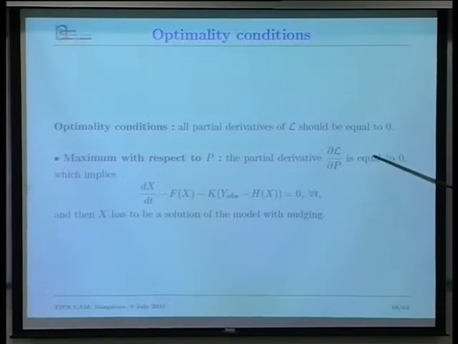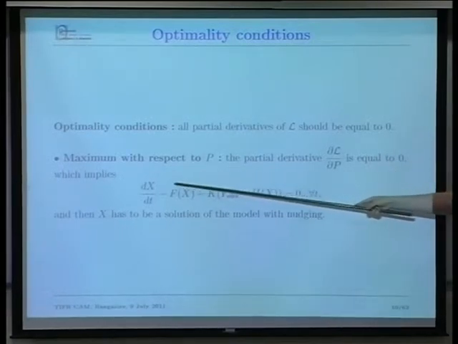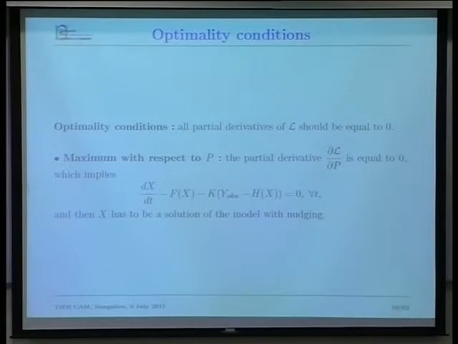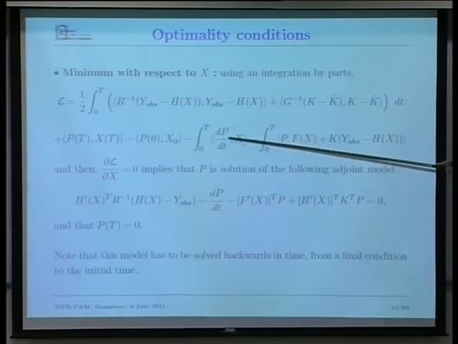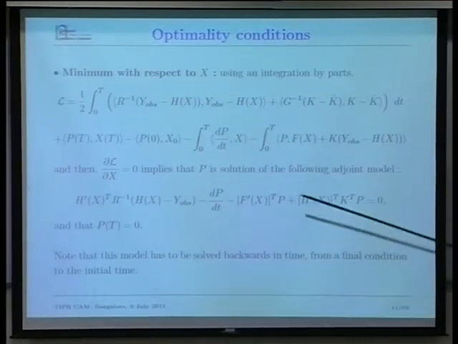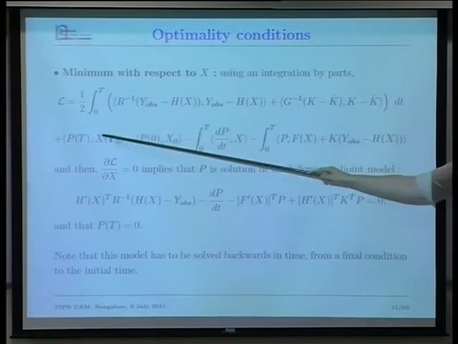So if the derivative is equal to 0, it means that x has to be a solution of the model equation with nudging. Then the minimum with respect to x. We use an integration by parts because there was a dx over dt. So we simply replace p dot dx over dt by minus dp over dt dot x, plus the boundary terms.